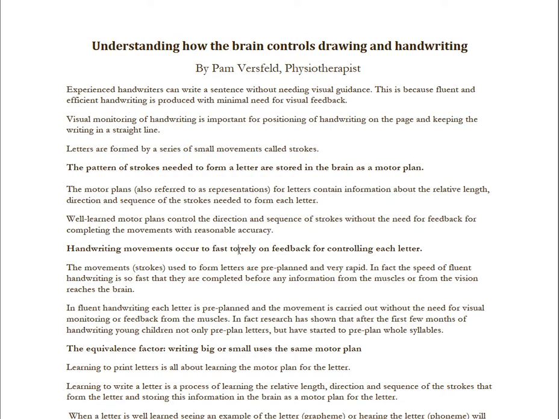Handwriting movements occur too fast to rely on feedback for controlling each letter. The movements or strokes used to form letters are pre-planned and are very rapid. In fact, the speed of fluid handwriting is so fast that they're completed before any information from the muscle or the vision reaches the brain.